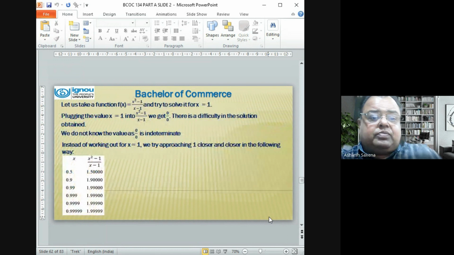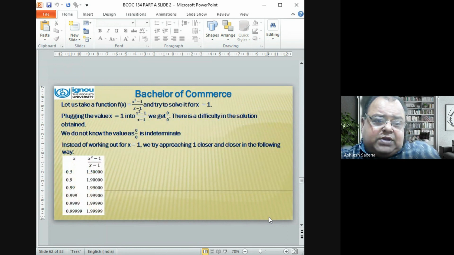Now, we take up this function f(x) is equal to x square minus 1 upon x minus 1. We will try to solve it out. We will simplify the numerator. That is in the form of a square minus b square, which is equal to x minus 1 into x plus 1.